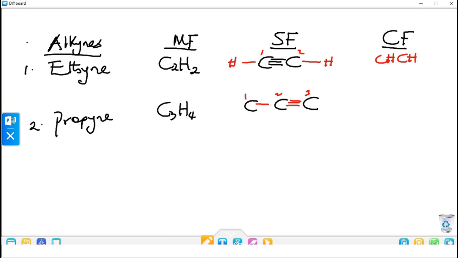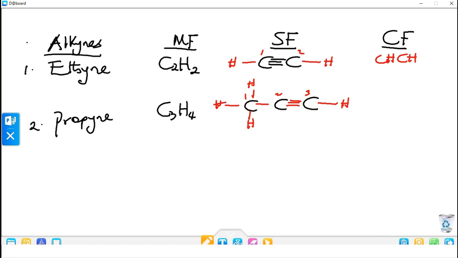It doesn't need additional bonding with hydrogen because it's already complete. While carbon 3 is having 3 bonds, so it means it needs 1 more hydrogen, since all carbon atoms must have 4 bonds. So it implies that we're going to give carbon 3 one hydrogen and carbon 1 takes the rest of the hydrogen atoms. And this is how we can draw the structural formula of propyne.